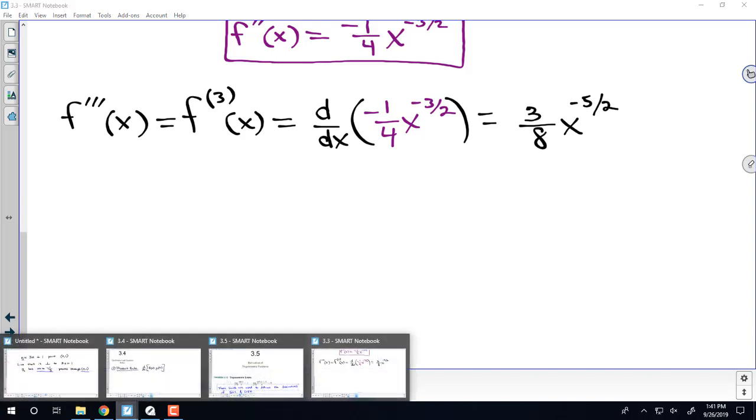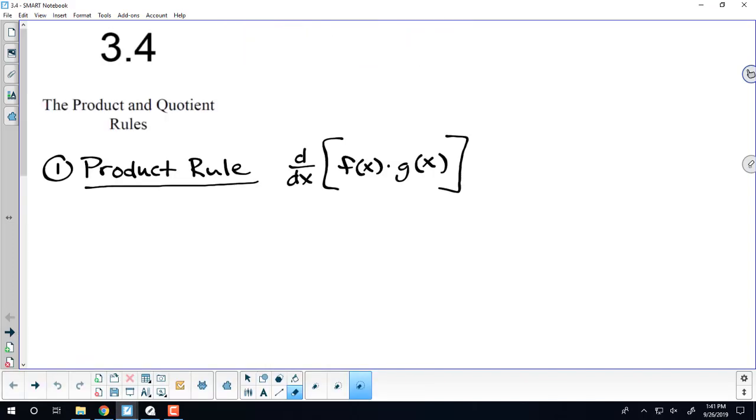Okay, that's the end of 3.3 then. We'll start with 3.4. And in 3.4 we get the product and the quotient rule. So the product rule simply says, how do we take the derivative of one function of x times another function of x?